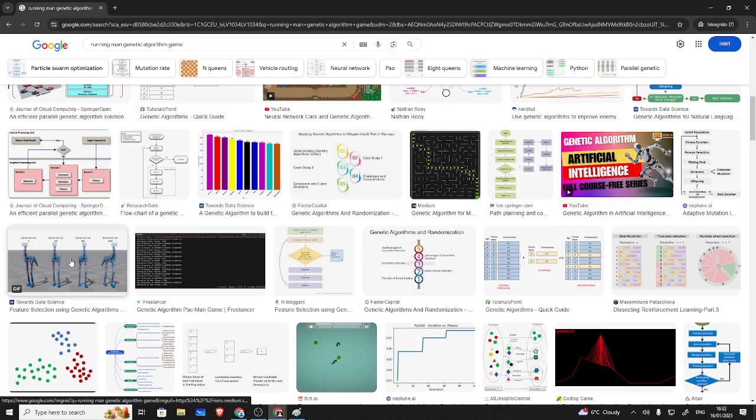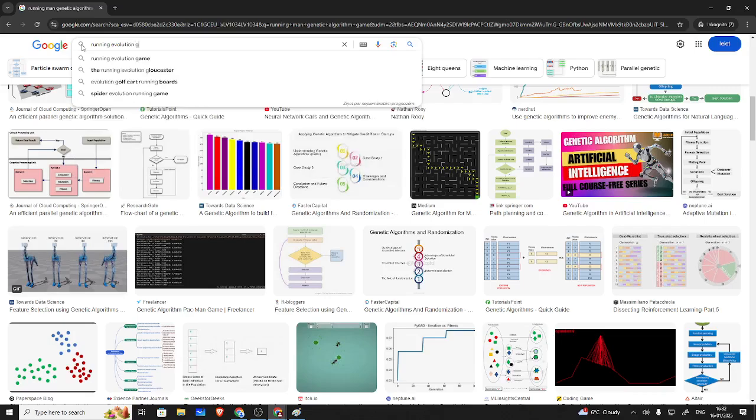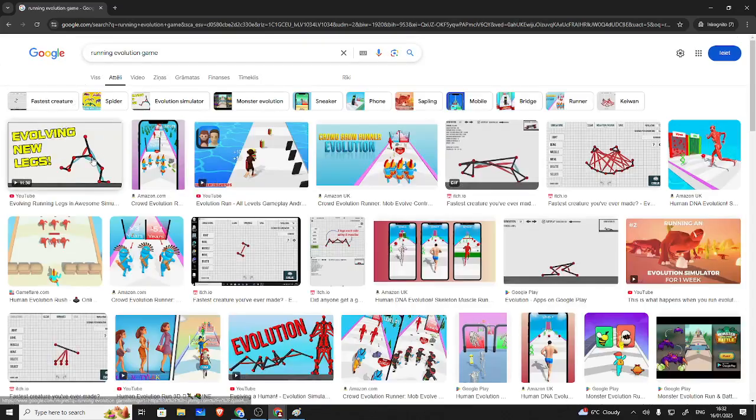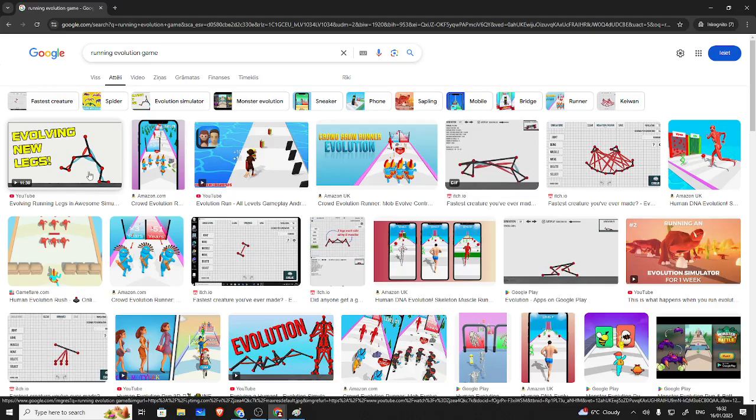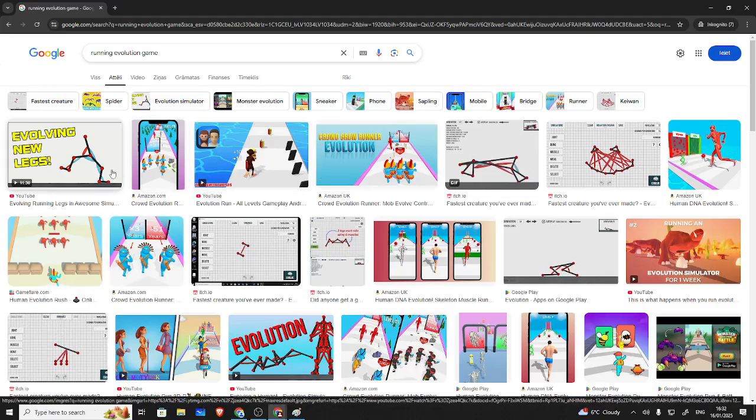So I want to see some nice feature. I wrote running evolution game. Yeah, I think this one here is the one. There's a couple variations of this, lots of them, lots of fun. So again, you have multiple parameters, not just one as in our hill climbing, but multiple parameters to evolve.